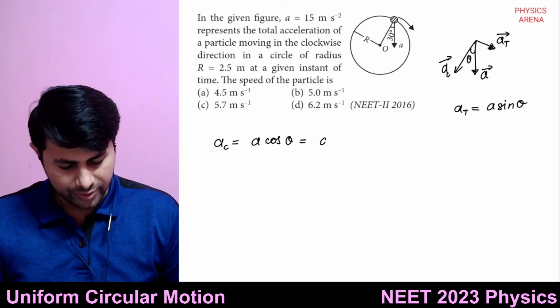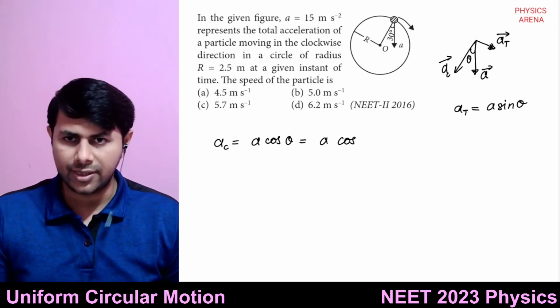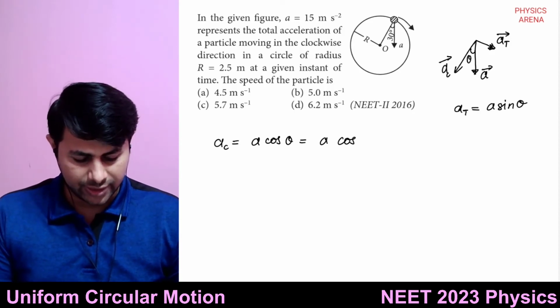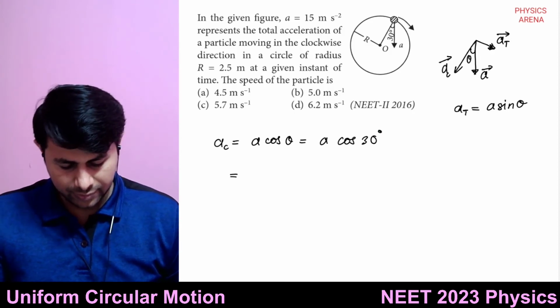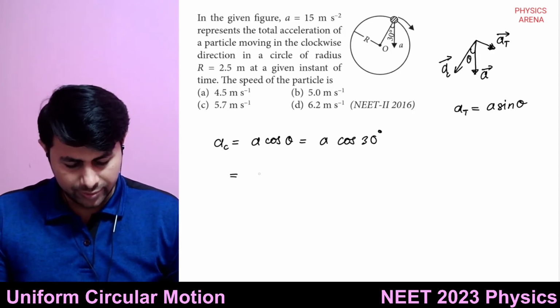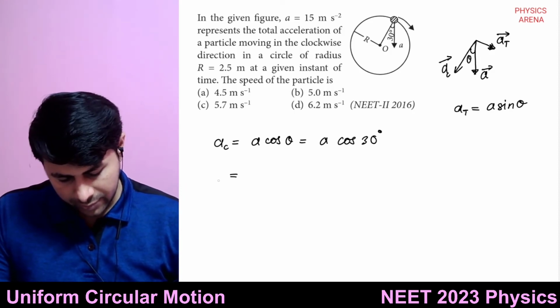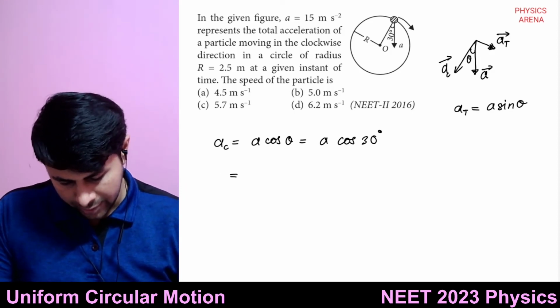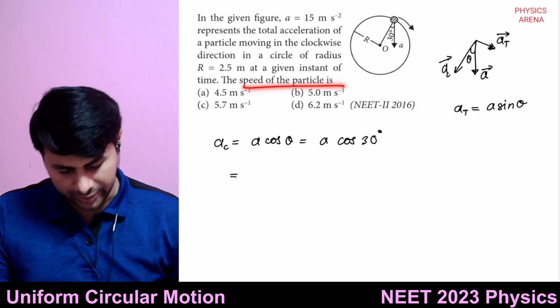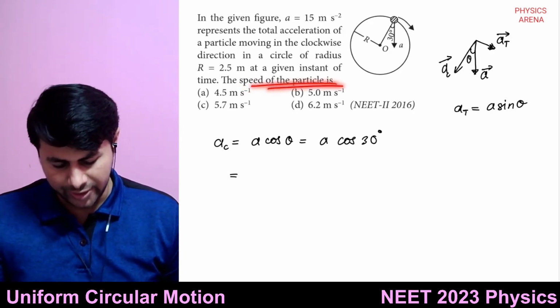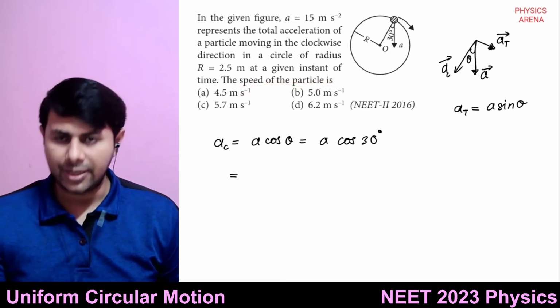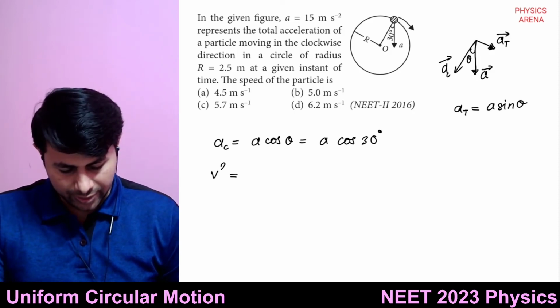And what is theta? 30 degrees. A multiplied by cos of 30 degrees. What is cos 30? Root 3 by 2. So let's substitute the values. We are asked to find the speed of the particle. So centripetal acceleration can be written as V square by r.